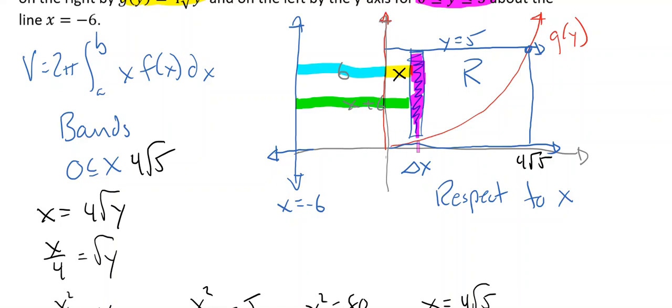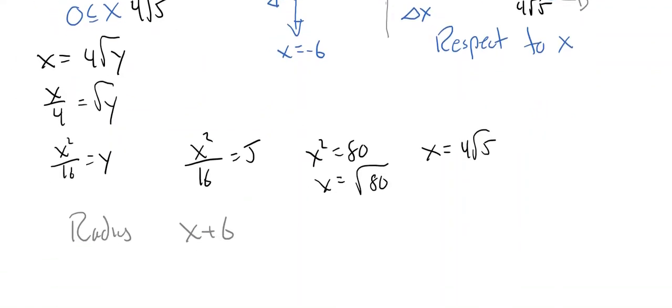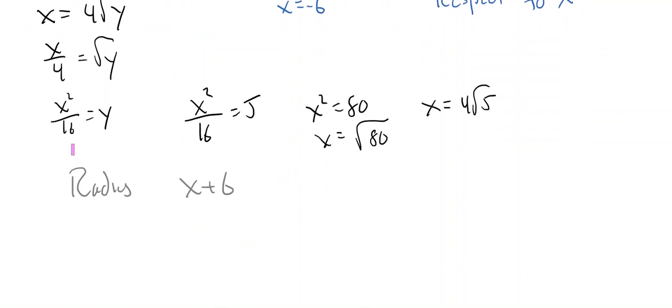The bottom of the rectangle is at the function, which is now x squared divided by 16. So the height of the rectangle is going to be the top minus the bottom, which is 5 minus x squared over 16.